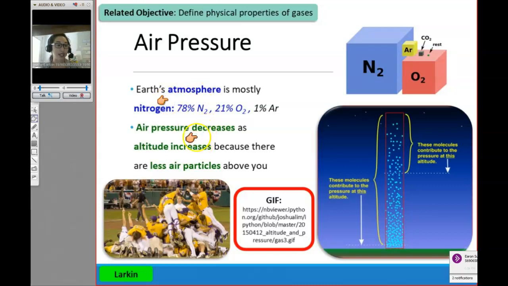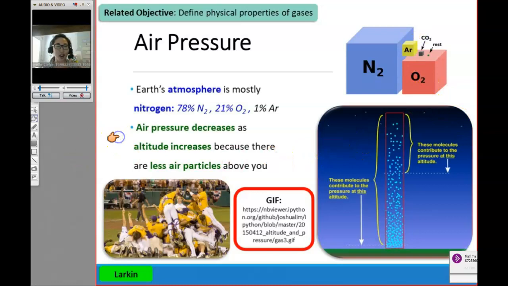So 78% of the air that you're currently breathing in is nitrogen in the form of N2, two nitrogens bonded together, and only 20% of the air you're breathing in is actually oxygen, O2, two O's bonded together. And then there's a little bit of other stuff, right? So 1% argon, there's a little bit of CO2, obviously, that we're breathing out, that cows are farting out. So lots of different gases in our atmosphere.